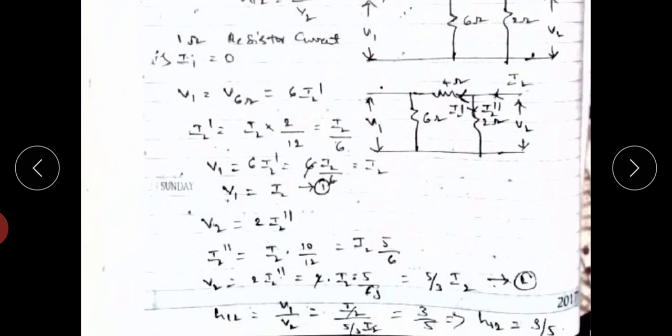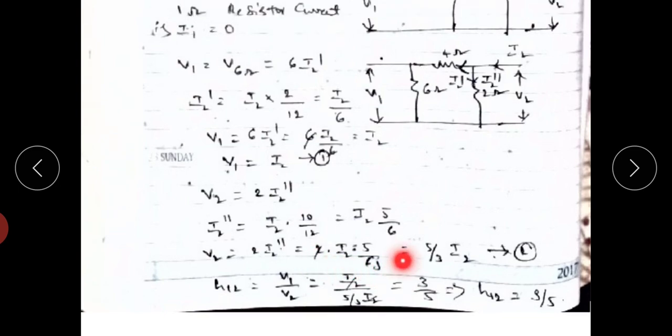Next, to find V2. Here V2 is the voltage across the 2 ohm resistor. Assume the 2 ohm current value equals I2''. Next, by using the current division method, find I2''. I2'' equals the total current I2 into the opposite branch resistance, 6 plus 4, 10, divided by the total resistance 6 plus 4 plus 2, 12.